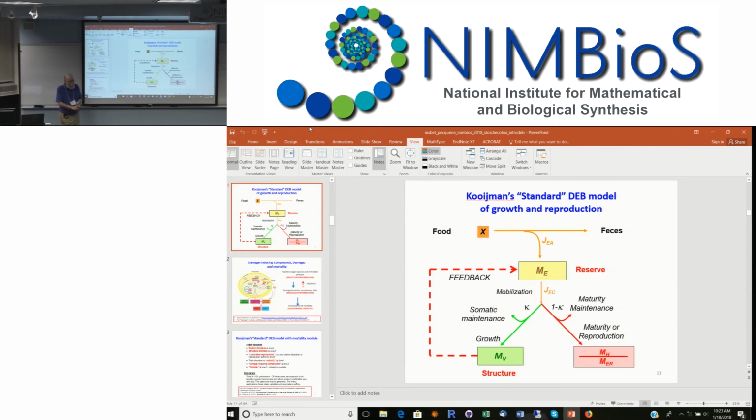There is a paper that she's one of the authors of that came out in, I think, 2009 or thereabouts, that talks about the different parameters that you can estimate from different types of data. And then the way this package works uses an approach developed by Dina Lika and others in the DEB community.